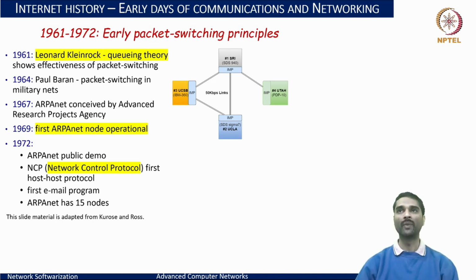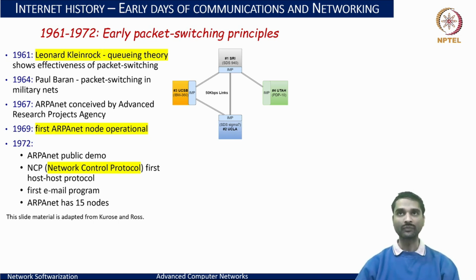The US Defense Department, which was a pioneer in looking at these alternatives, eventually led to the formation of the ARPANET, or the Advanced Research Projects Agency Network. And the whole aim then was the sharing of information through the network.